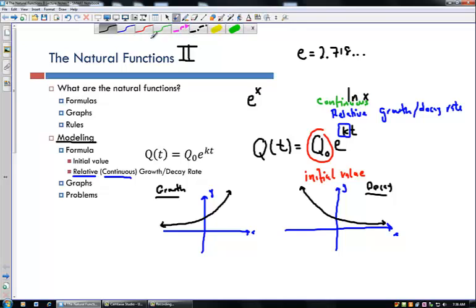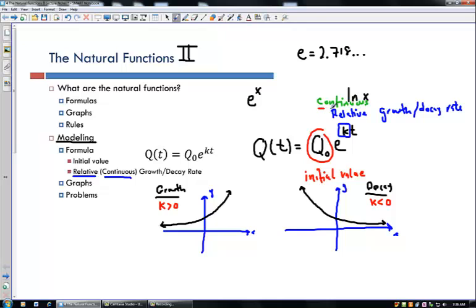And k, this relative growth / decay rate, tells us whether it's growth or decay. If it's growth, k is going to be positive. And if it's decay, k is going to be, and you can guess now, negative. And so it's nice. If you get a continuous growth rate to be negative, you know it's decaying. If your continuous growth rate is positive, you know it's growing.